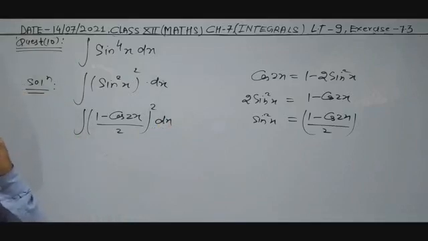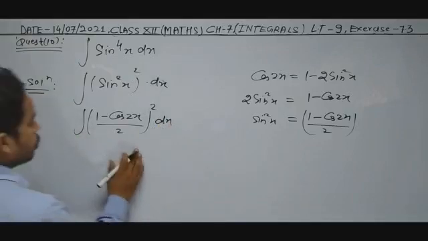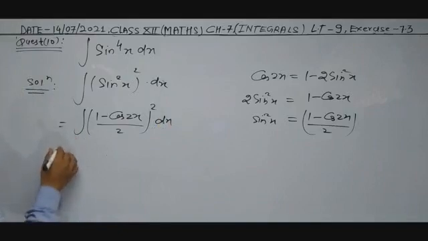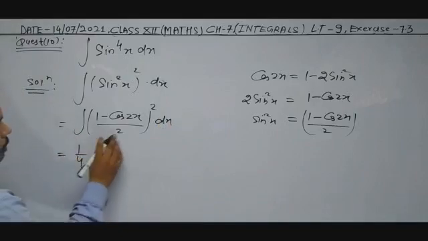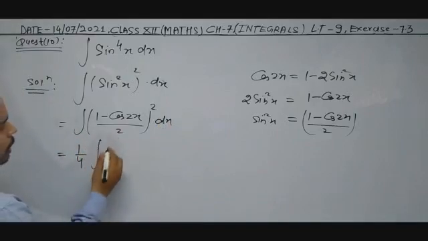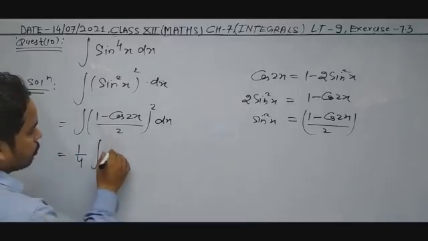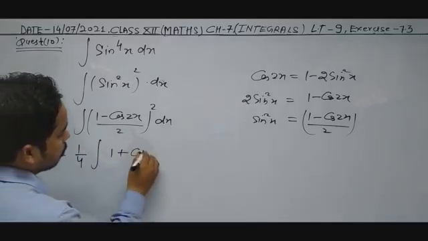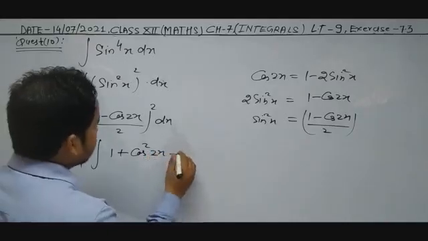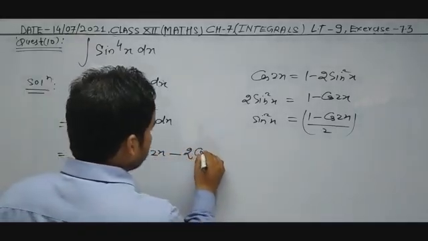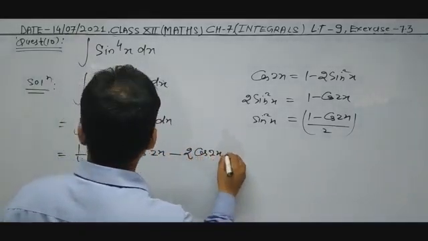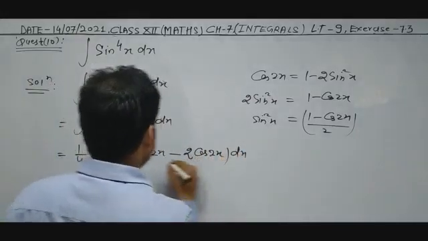Now by using the identity (a minus b) whole square, 1 by 2 squared will be 1 by 4, that will be outside the integration, and (1 minus cos 2x) whole square is 1 plus cos square 2x minus 2 times cos 2x dx.